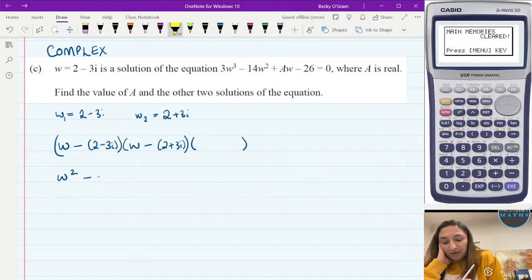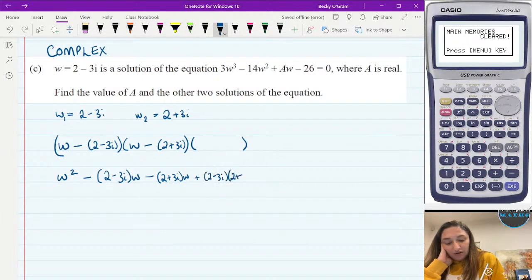So that'll be minus (2 minus 3i)w, and then so I've done this one times this one, I've done this one times this one. Then I will do this one times this one, so minus (2 plus 3i)w, and that just leaves us with the last one, which is that times that. So that'll be a plus (2 minus 3i)(2 plus 3i).